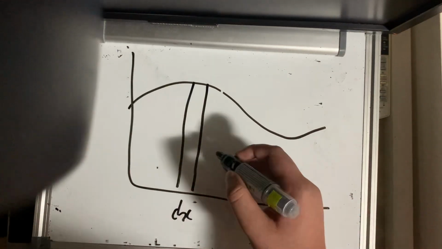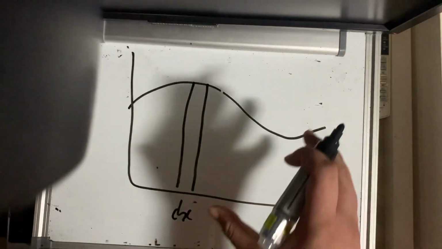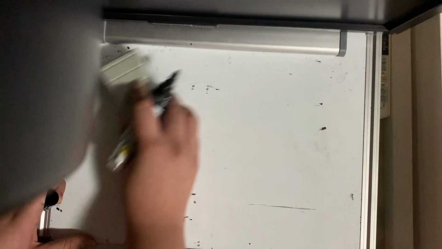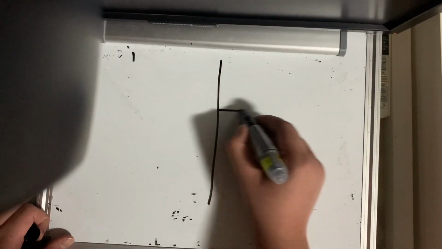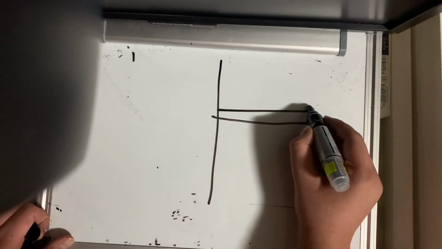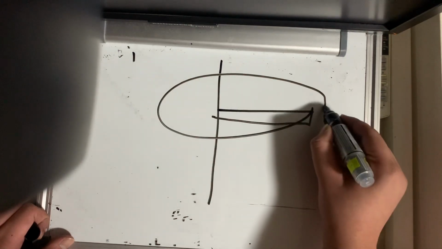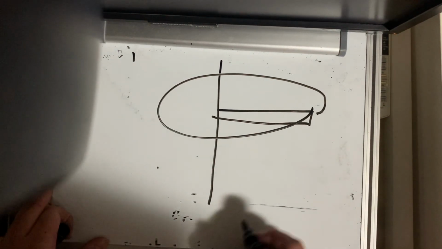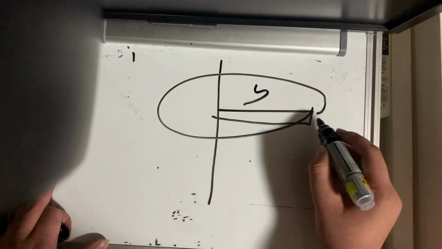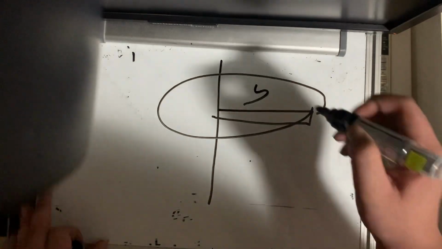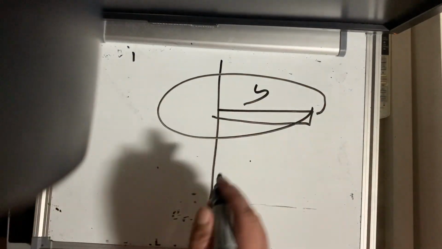But how do you find the surface area? The volume is surface area times width. So let me redraw that diagram again, where you have this, and this turns around, okay? You realize that the radius is just the y value, the height, right? Remember, the height of the rectangle was the y value of the graph at that point.